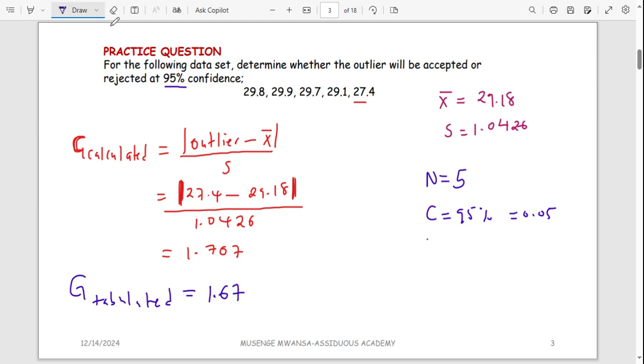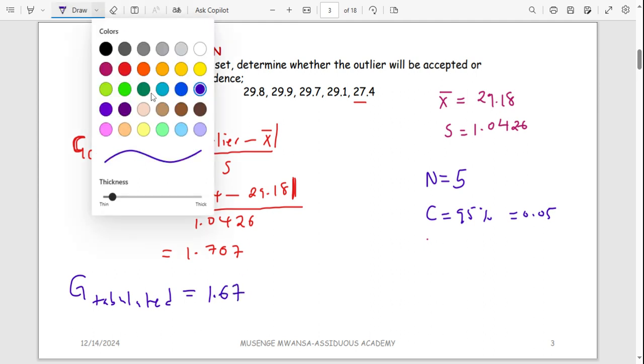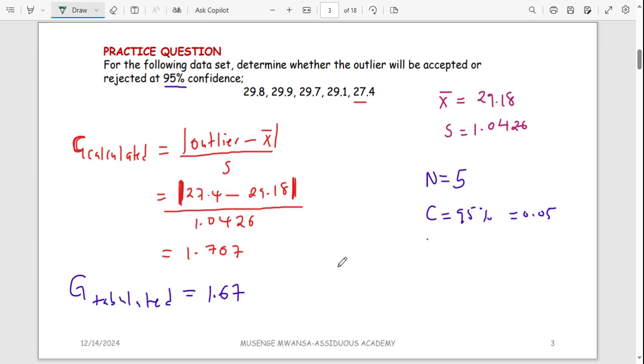Okay. So that is our G tabulated, 1.67. So now you want to compare the G tabulated and the G calculated. So we'll say G calculated and then G tabulated. Which one is bigger than the other? Calculated is 1.70. Tabulated is 1.67. So the calculated is greater than the tabulated. So we'll say this.